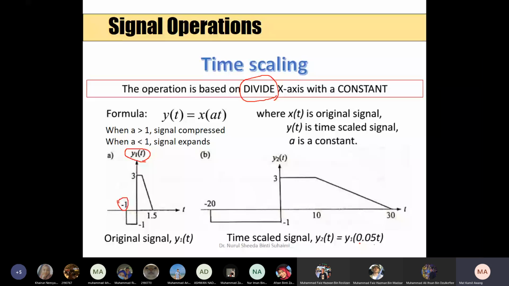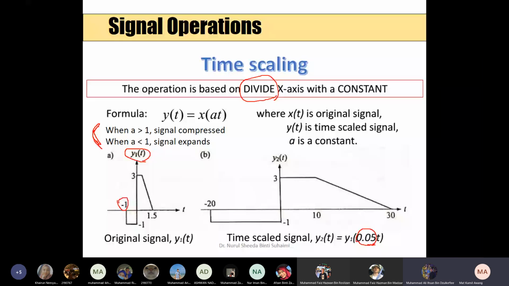Then it will fit into this definition. This slide is a bit confusing.